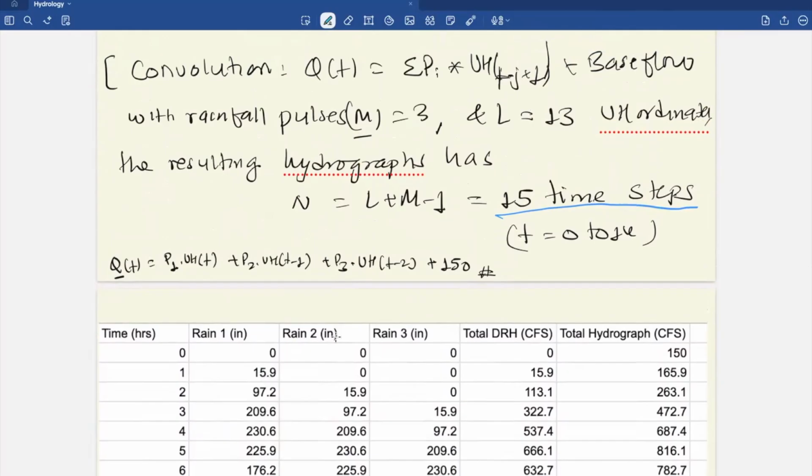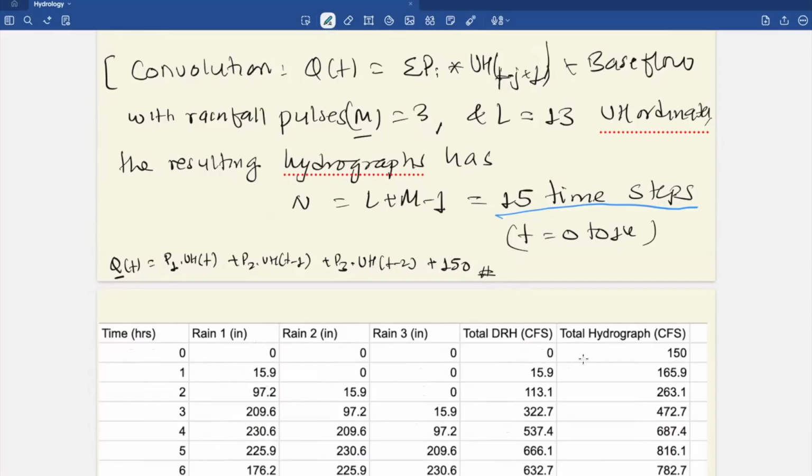In rainfall 2, we will be shifting 1 hour and then multiplying that 23 point something times 0.67, and we'll be getting 15.9. And similarly for rain 3, that is 0.667, we'll be lagging by 2 hours, and then we'll be getting 15.9 again. And when we sum at 0, our total hydrograph will be 0.